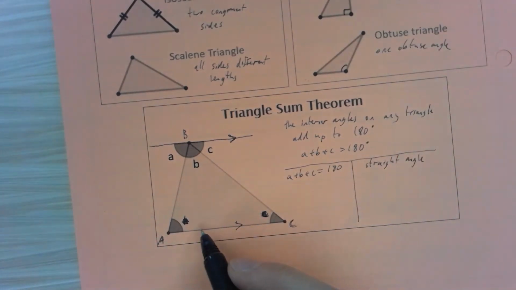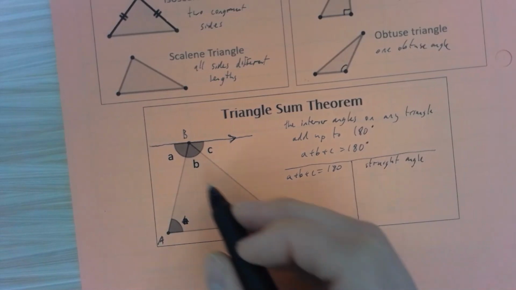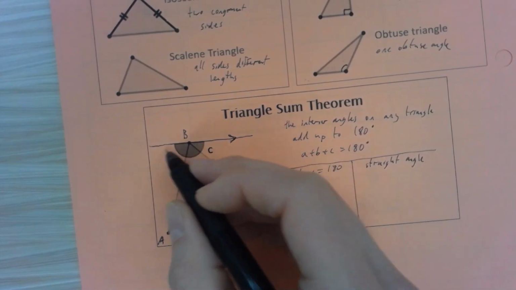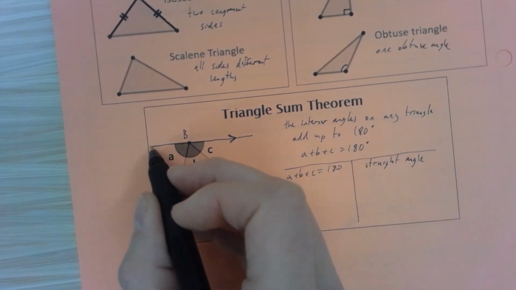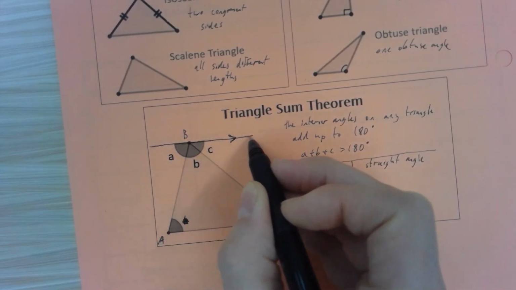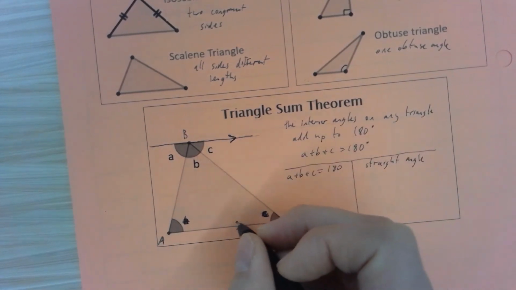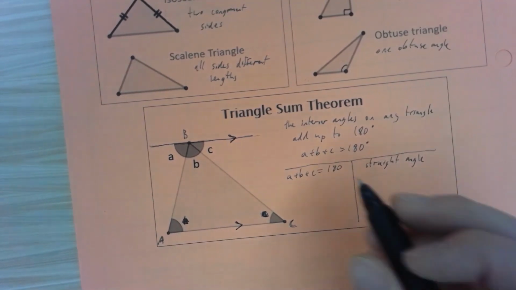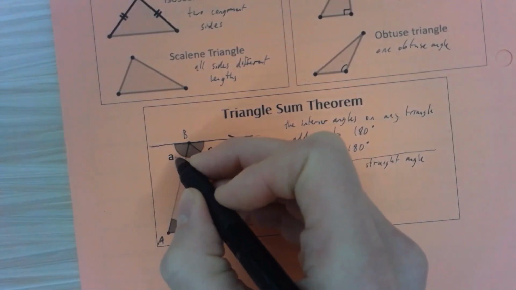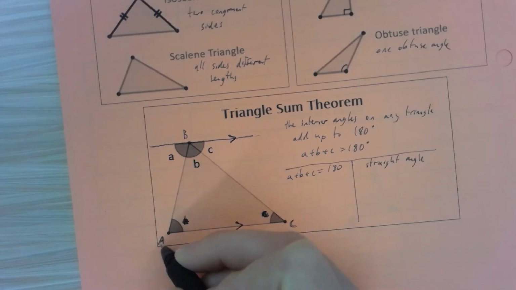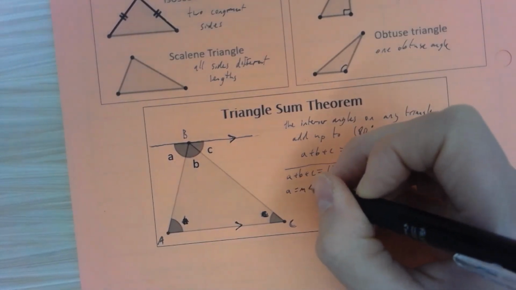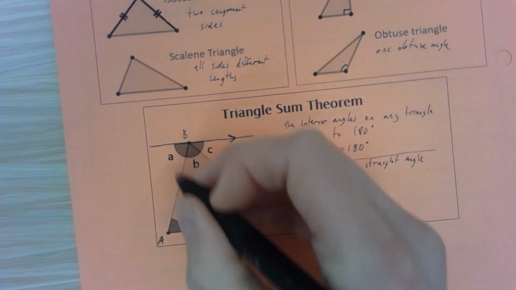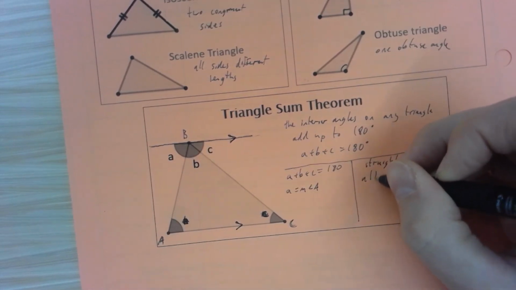Then we can also say that since that's a straight angle, and this line here is parallel to AC, we could say that this little a is equal to the measure of angle A, because those are alternate interior angles.